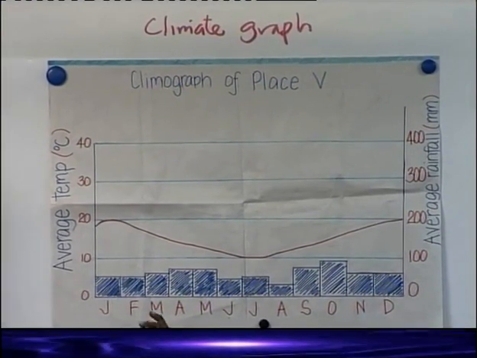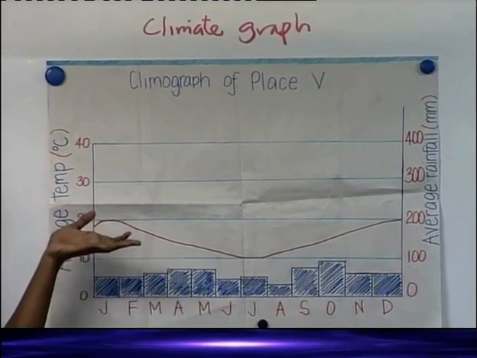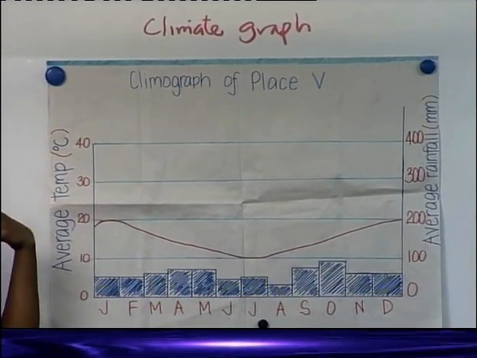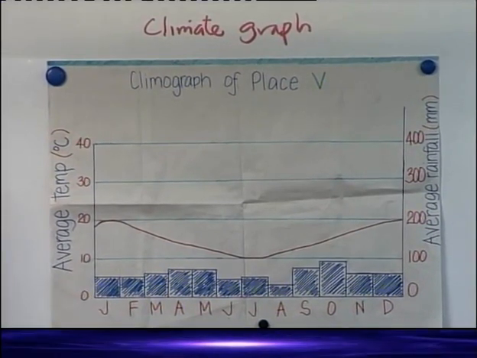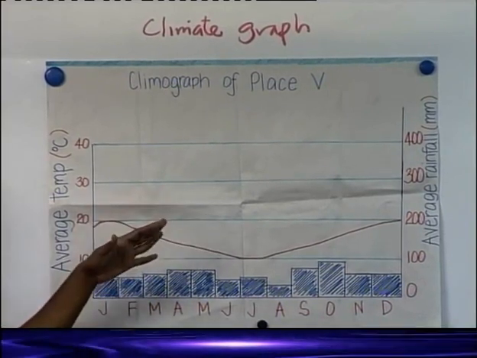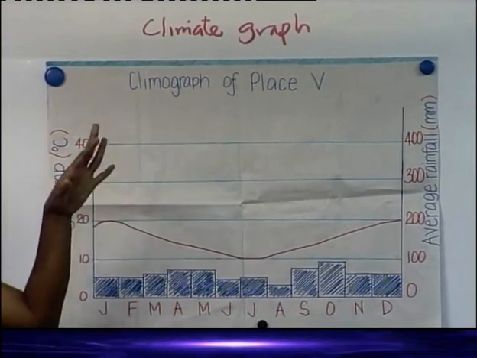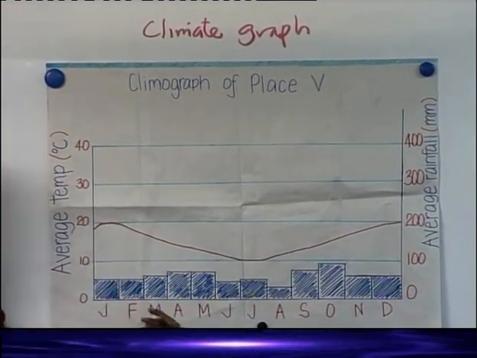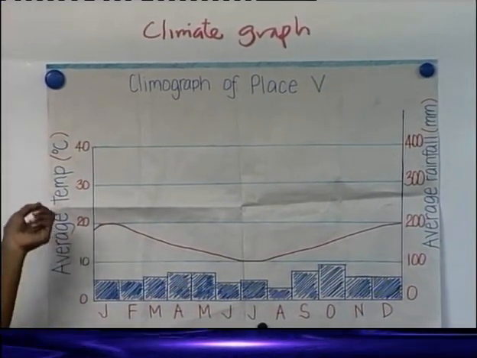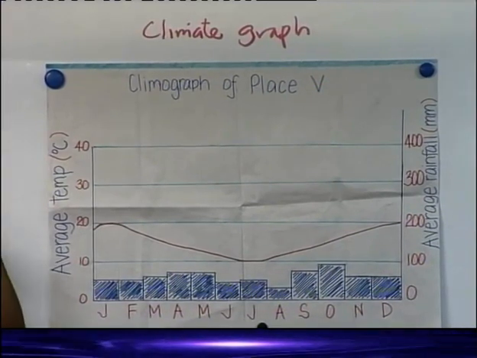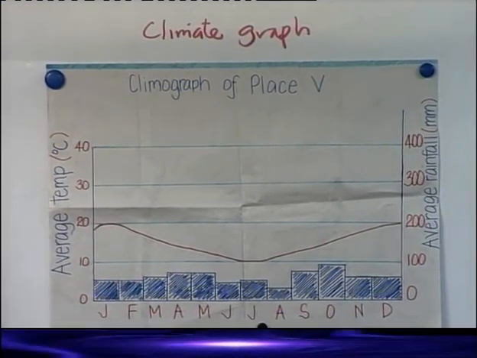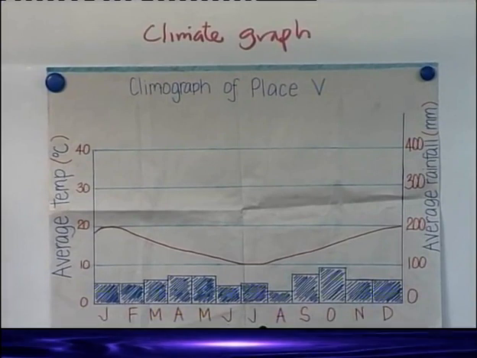Because it's showing the climate of a place, so it's an overall, longer period. That's why we have throughout the year, the months here. On the vertical axis, we have the what? Temperature readings and rainfall measurements.